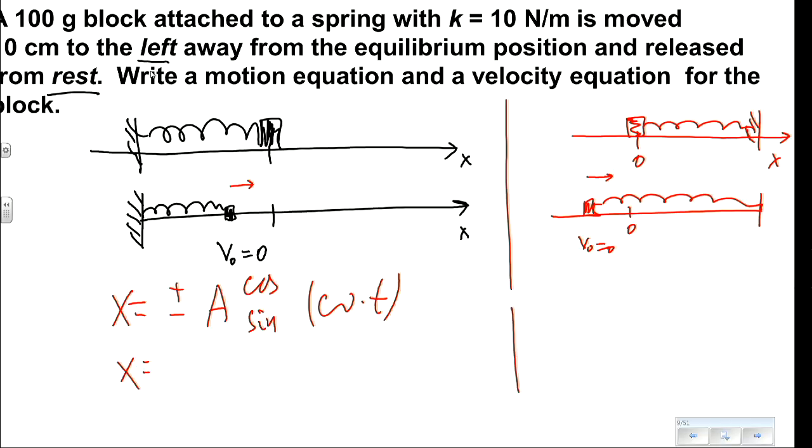What usually helps is to start sketching that graph. Does it start from 0? No. Does it start from a positive number? No. It starts from a negative number. That's it. The rest goes automatically. It has to be a simple harmonic function, so it has to be a negative cosine.